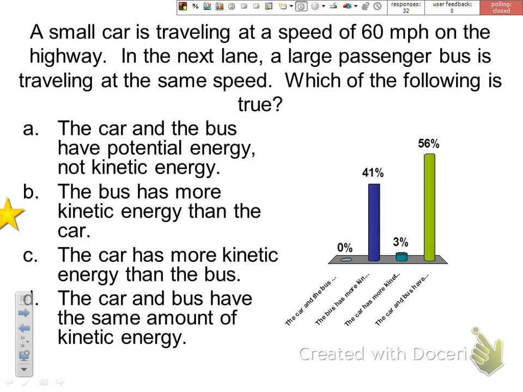What do you know about a small car and a big bus? The bus is bigger, it has more mass, and in turn, if they're going at the same speed, then the bus has more kinetic energy. All right, so we'll explore that one a little bit more.